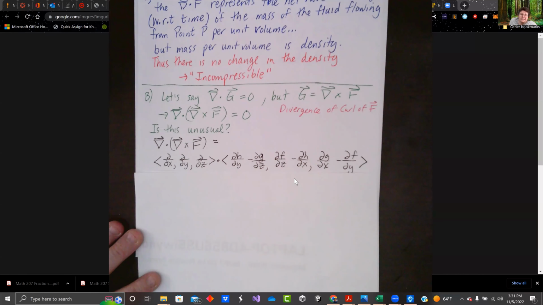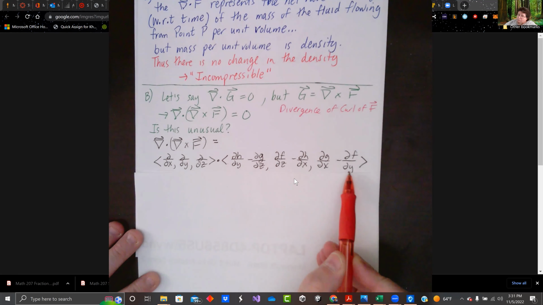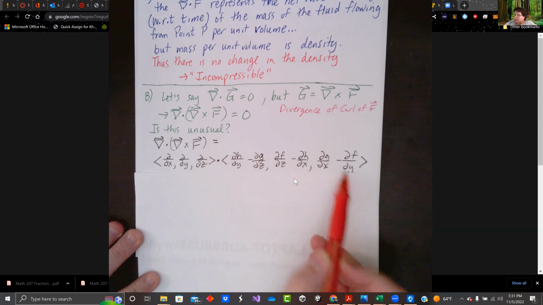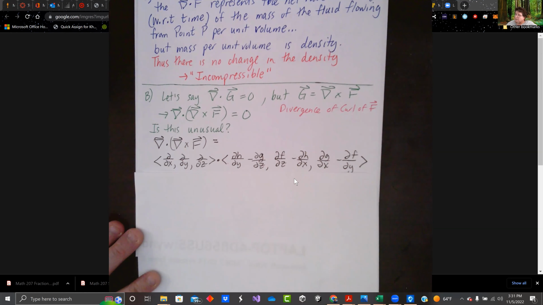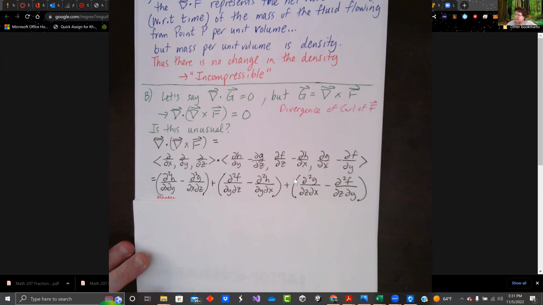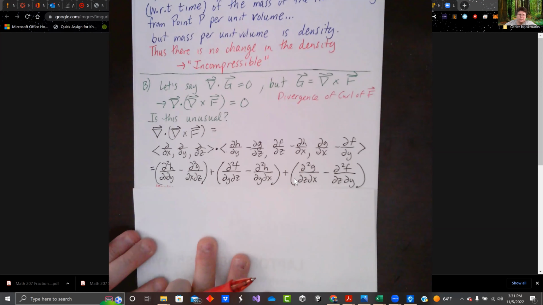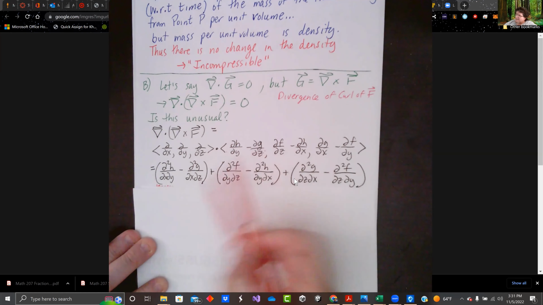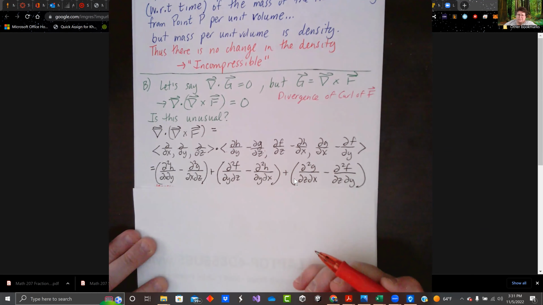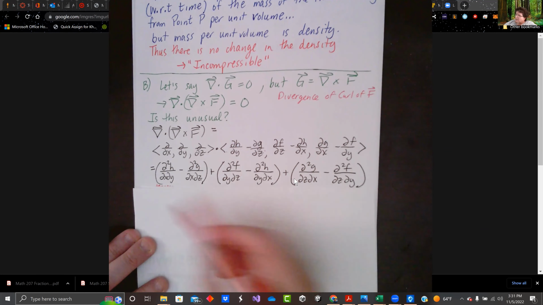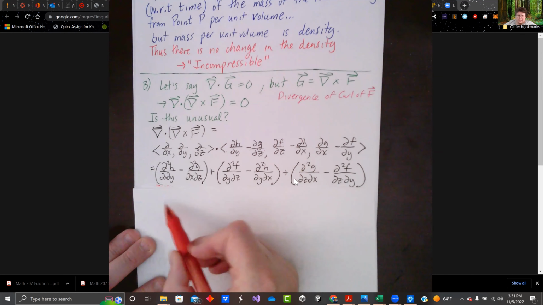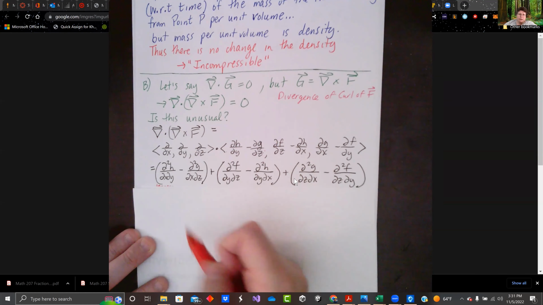We've got the d/dx, d/dy, d/dz for our del operator. I wrote this down earlier as the curl of F. You can rewrite out the curl of F if you need to come up with these components, but that's what they are. When we apply the dot product to them, d/dx on each of these, I wrote it in notation that a lot of textbooks use, so I did not write the easier to read one.